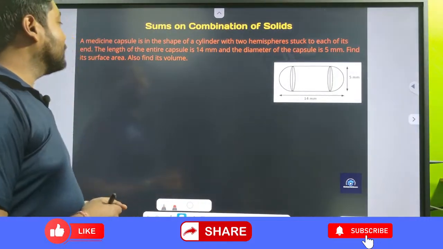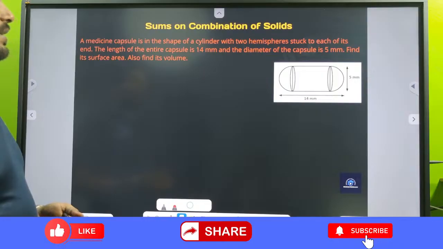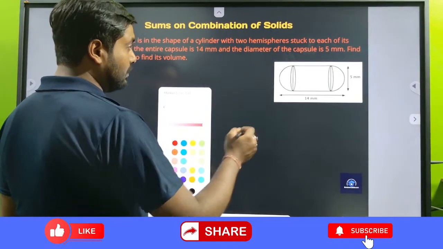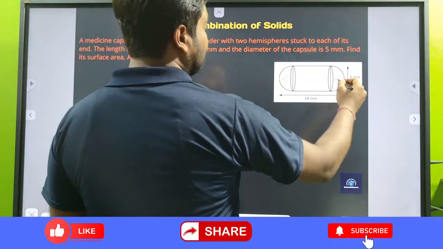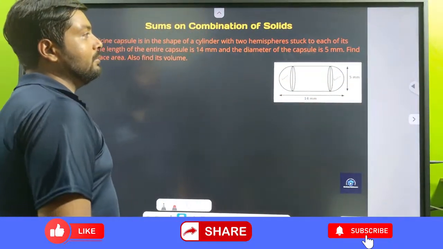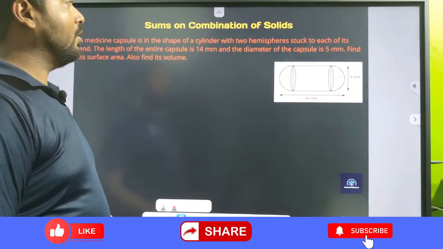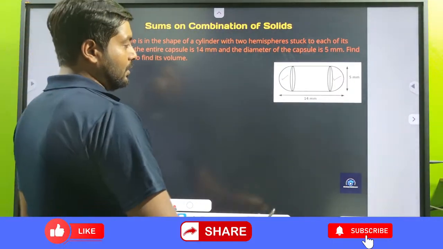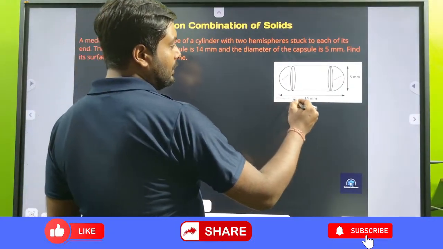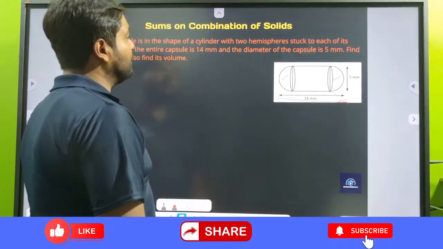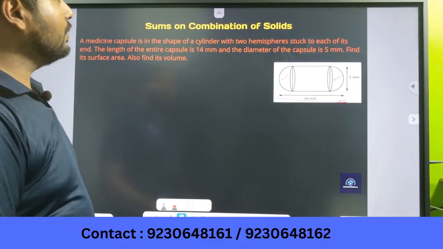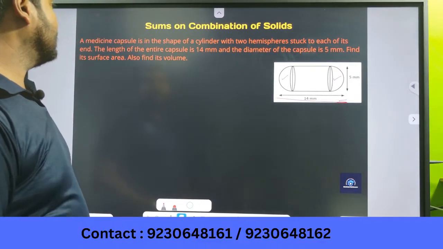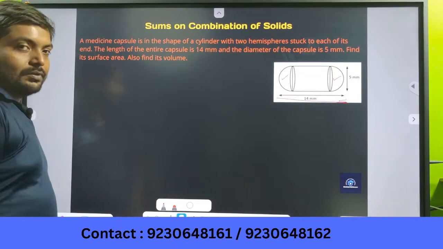A medicine capsule is in the shape of a cylinder with 2 hemispheres stuck to each of its ends. The length of the entire capsule is 14 millimeter, and the diameter of the capsule is 5 millimeter. Find its surface area, also find its volume.